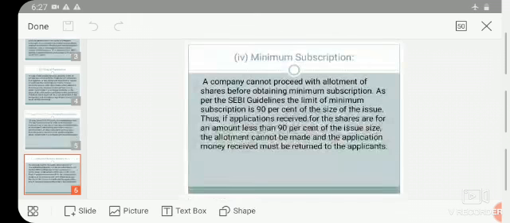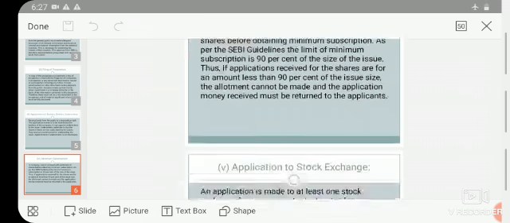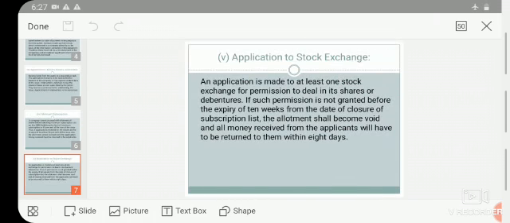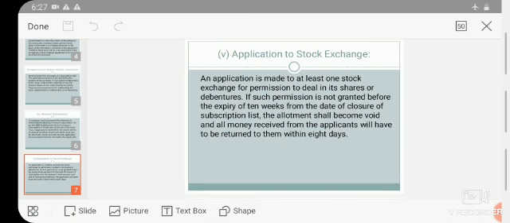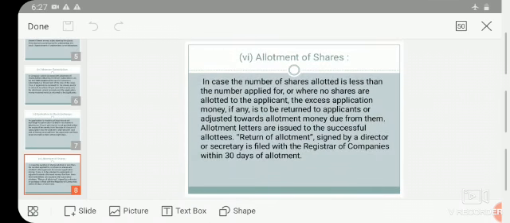The fourth one is that the company should get minimum subscription of at least 90% of the issue. If not, whatever amount so far received has to be repayable. Then, application to the stock exchange, meaning the company has to enroll its name with the stock exchange market, through which the company can sell its shares. Then allotment of shares.